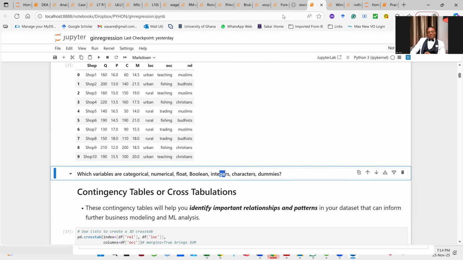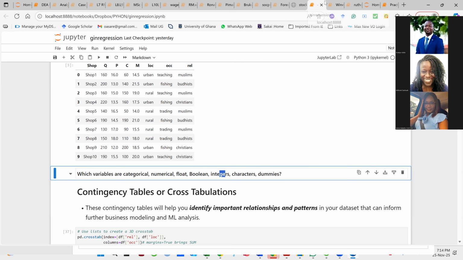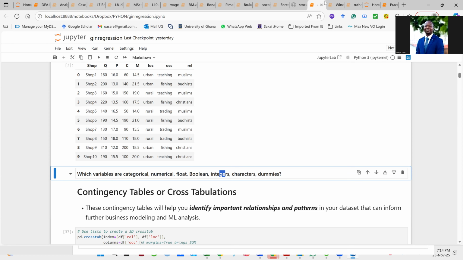Which variables are numerical? You can tell us. Who can mention the numerical variables? Millicent. LPC. Okay, which variables are float? Now it's getting technical. Which variables are float?